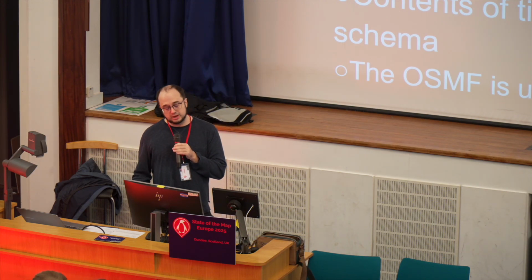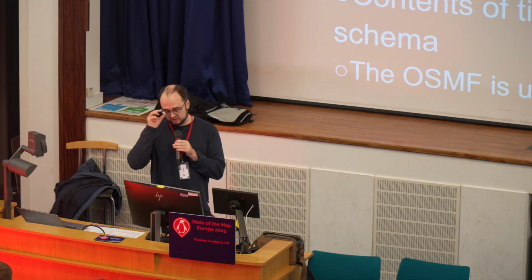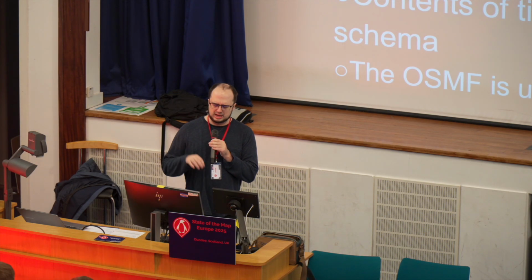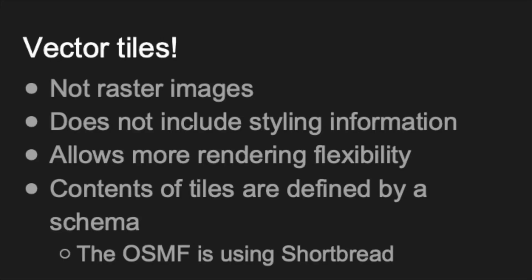So the tiles have points, lines, and areas in various layers, and what those layers are and what goes into them and how it's all labeled is defined by a schema. We're using Shortbread.